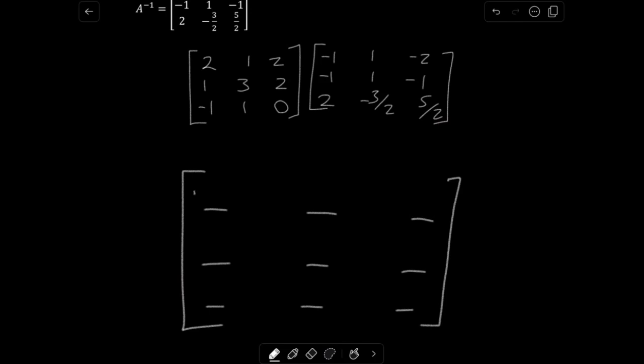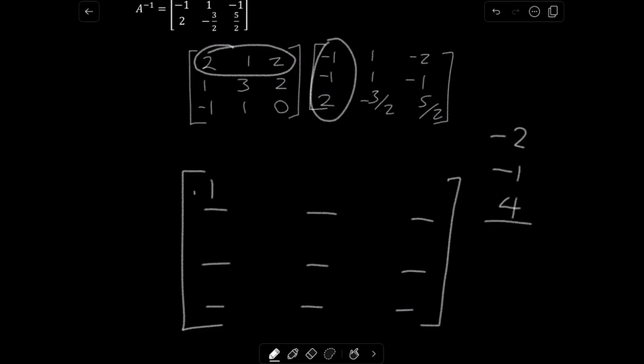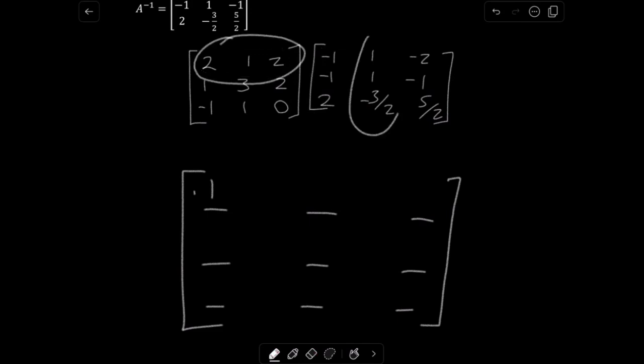Let's deal with the first entry. So it's going to be row 1 times column 1. I'm just doing the multiplication mentally. It's going to be minus 2, minus 1, and 4. Add those up, we get 1, which is what we expect. Then row 1, column 2.